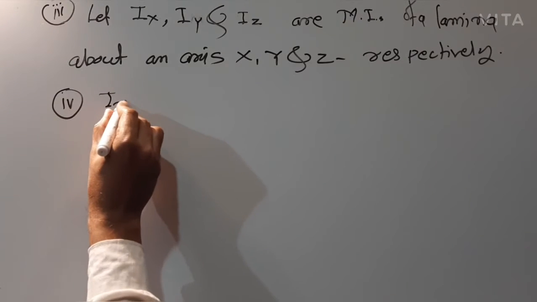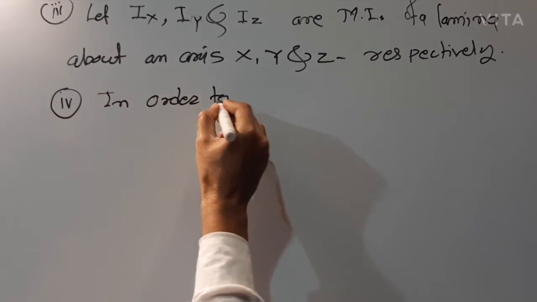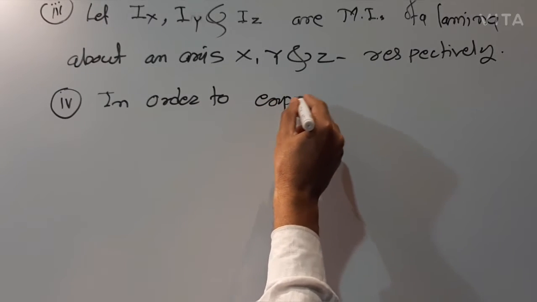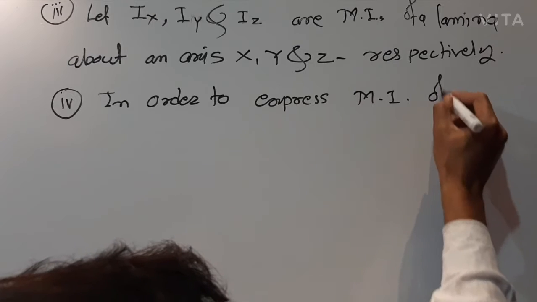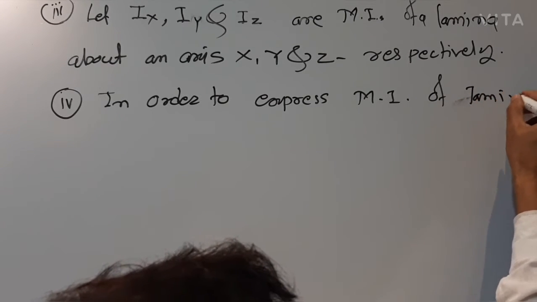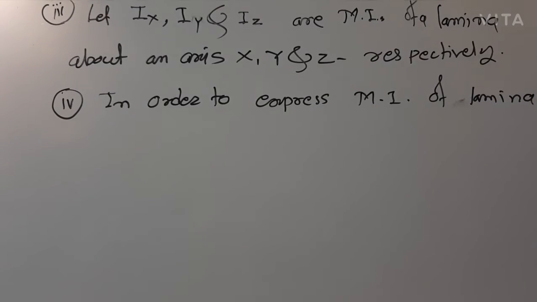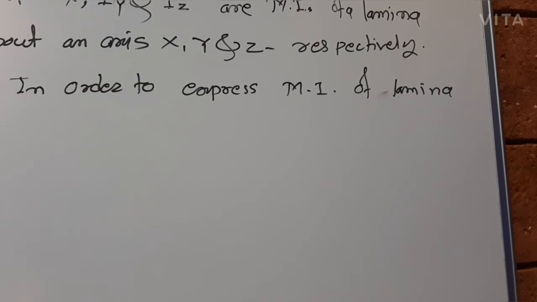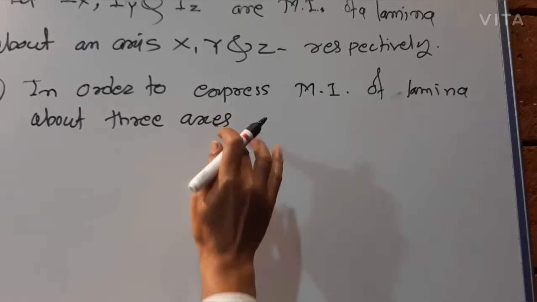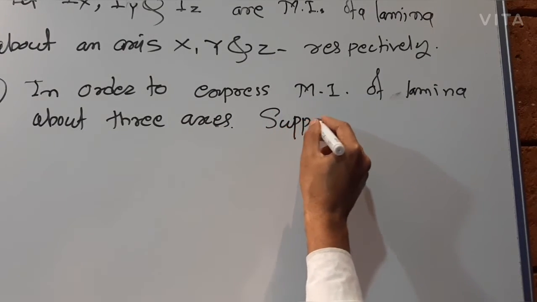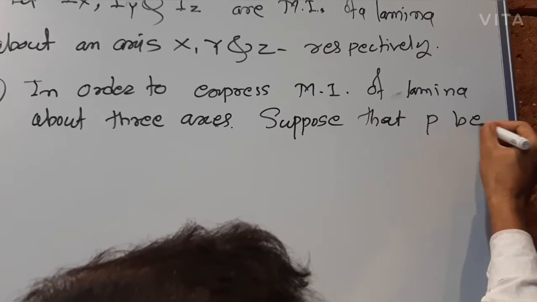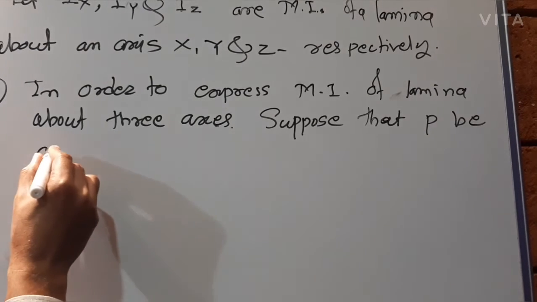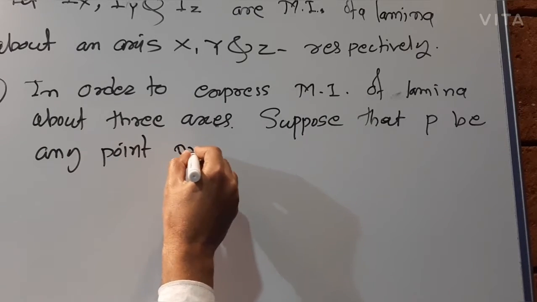So write down: in order to express the EMI of a lamina about three axes, suppose that P is any point on the lamina.